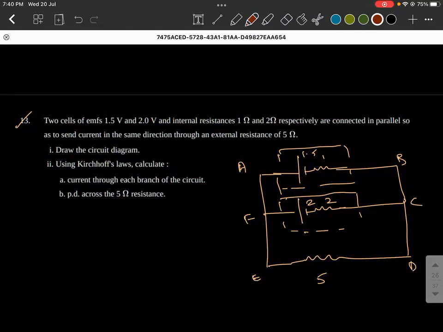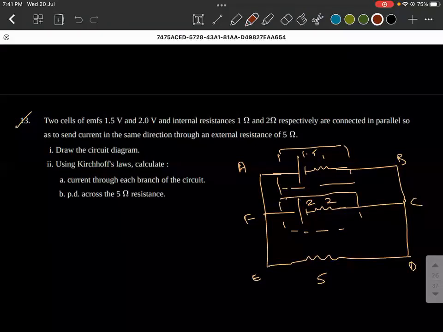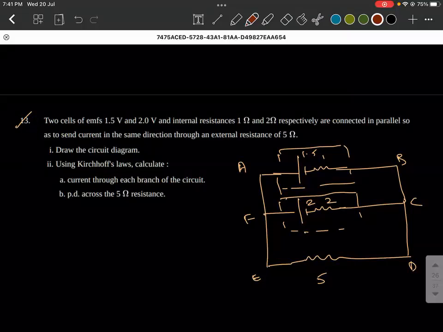From there, find the current, then add them, you get the total current. To calculate the potential difference across the 5 ohm resistor, you need the current across the 5 ohm resistor and multiply it with 5. That will give you the answer.